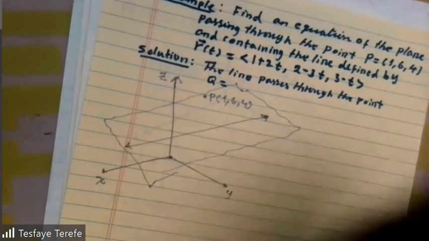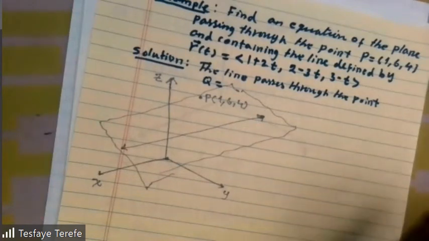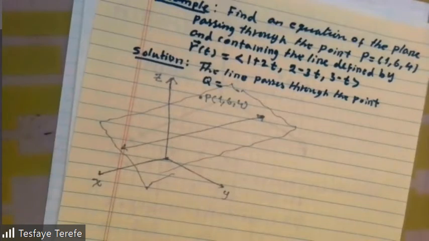To come up with the equation of the plane, what do we need? 2 lines and a point, or 2 vectors. Yeah, 2 vectors. If we get 2 vectors on the plane and the point, then we will be really fine. So can we come up with 2 vectors? Use the slope of the line. Yeah. Very good. Thank you.